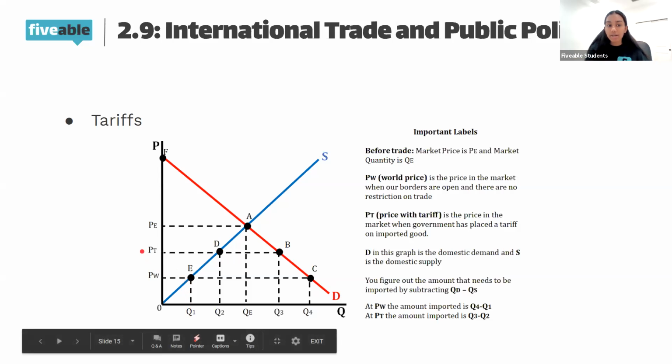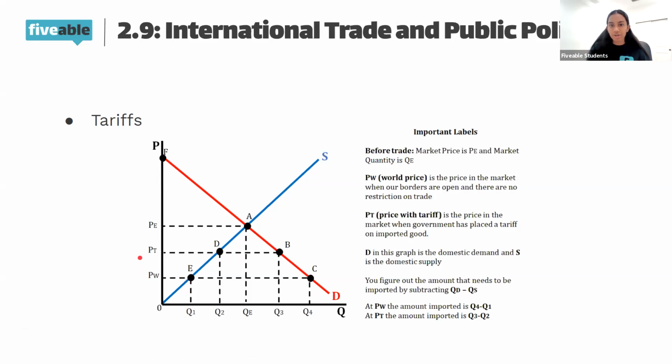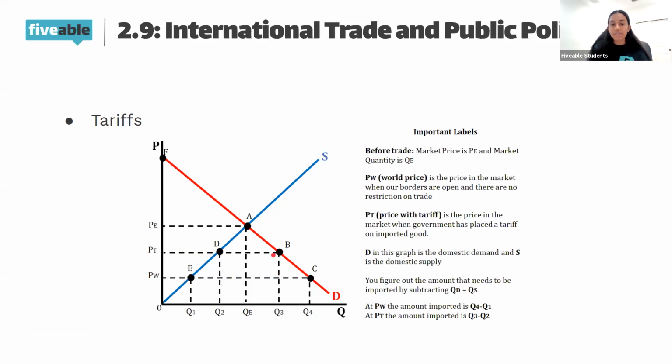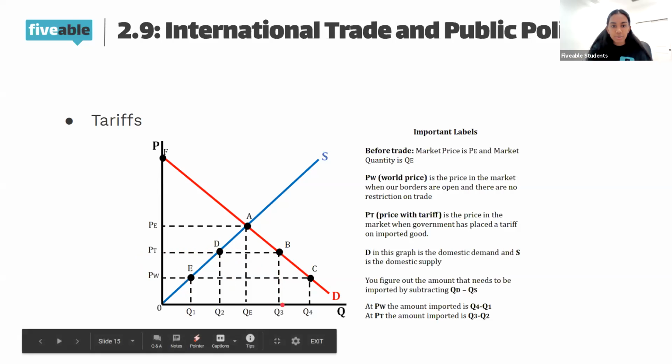And then when you add a tariff, obviously price increases because it's kind of like a tax, except for international goods. The difference between the quantity supplied and quantity demanded decreases. So now we're at Q3 for our quantity demanded and Q2 for our quantity supplied. So now there's a smaller amount.